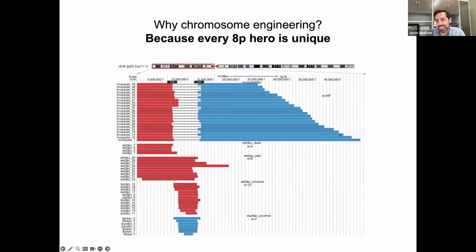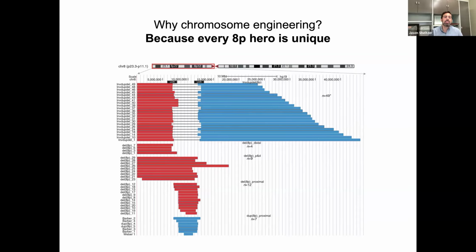Because if you're studying, say, a single gene that's located close to the centromere on chromosome 8p over here on this side of the chromosome, that gene might be altered in several individuals who have 8p syndrome, but there are dozens and dozens of other individuals where that gene isn't altered in them. The thing that unifies all these diverse heroes is the fact that chromosome 8p itself is affected.